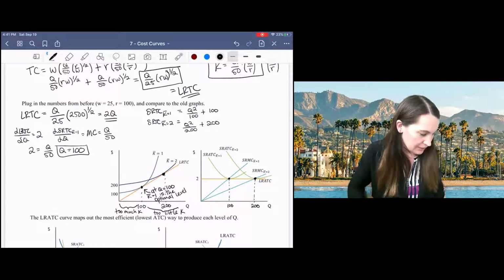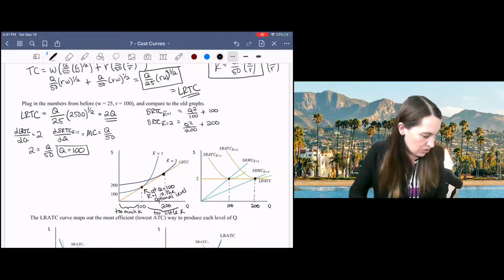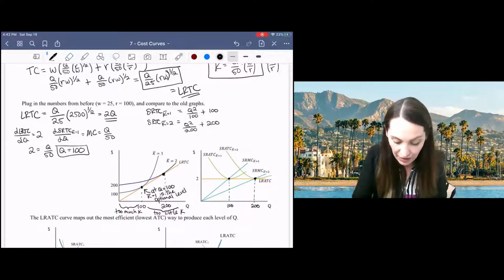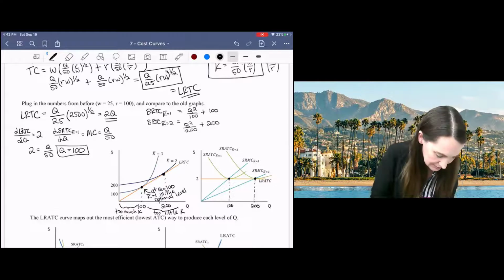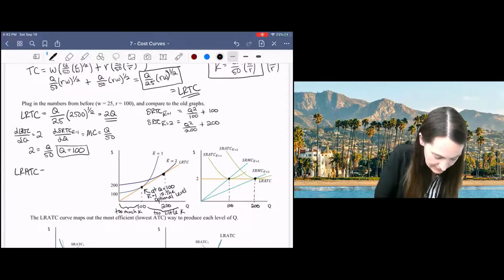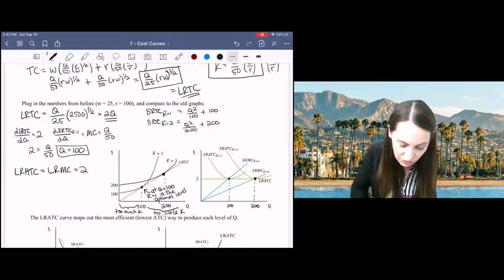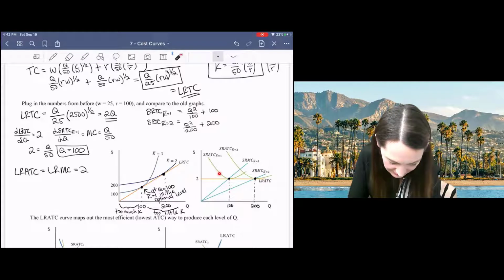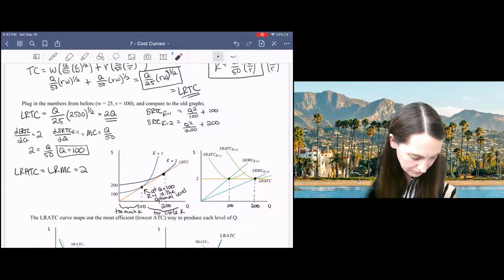Okay, so now notice in the other graph that the long run average total cost is equal to the long run marginal cost, and that's equal to 2. And again, you see these kind of tangencies between your short run average total cost and your long run average total cost curve.